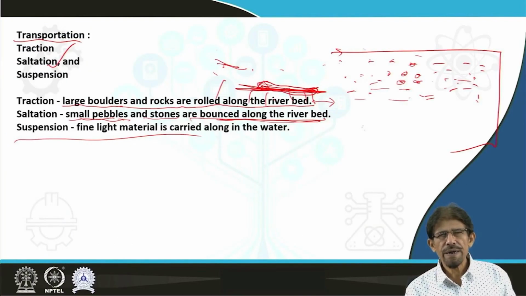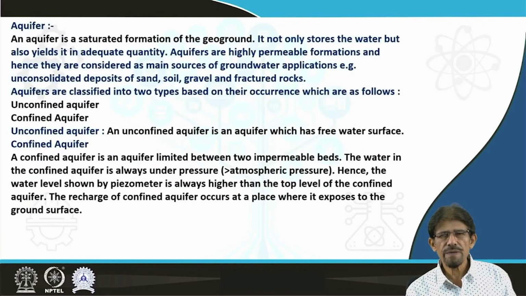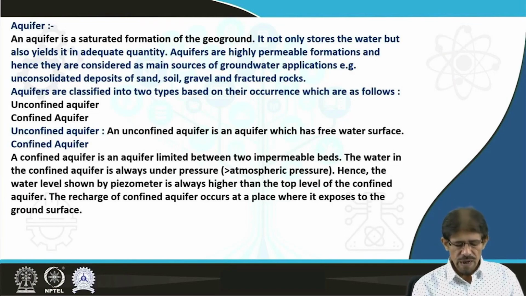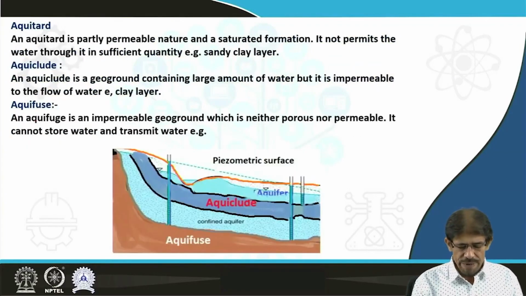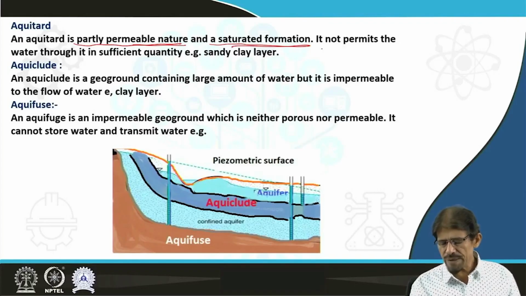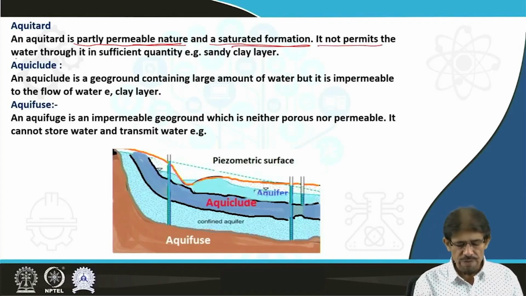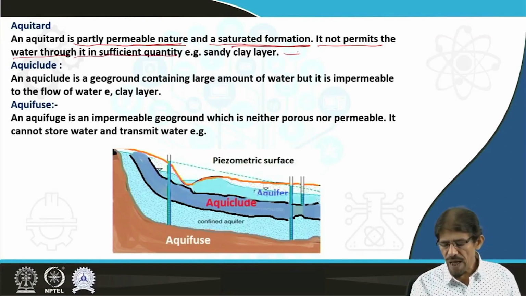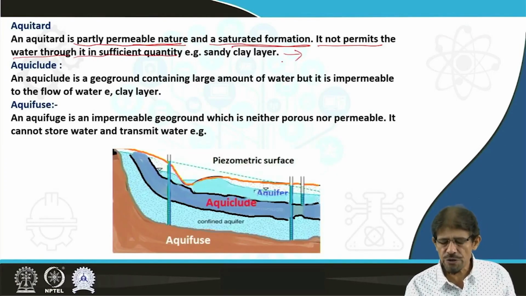However, in the case of an aquitard, the yield is very limited. It is a partially permeable, saturated formation, but it does not permit water through in sufficient quantity for proper utilization.